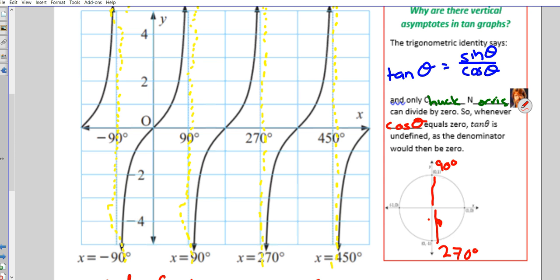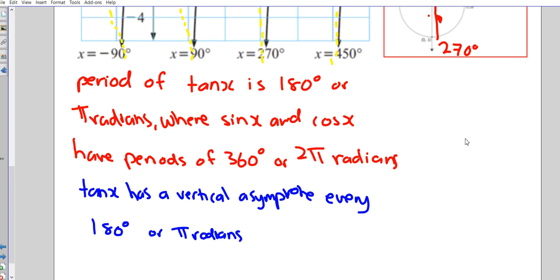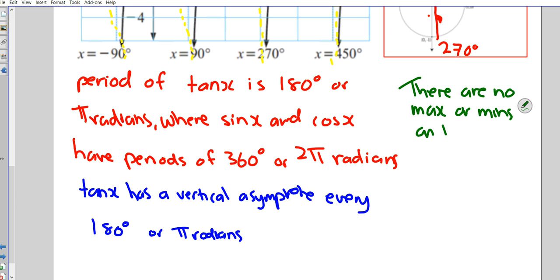So that's why we have asymptotes: whenever cos theta is 0, the function's undefined. Just in case you were wondering, because it's so interesting. You might want to make a note: there are no maxes or mins on tan graphs.